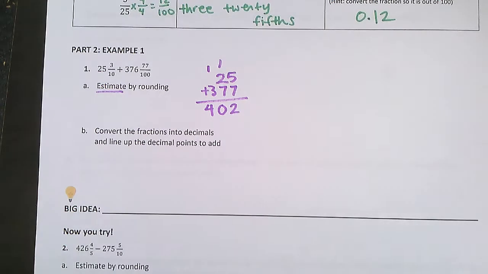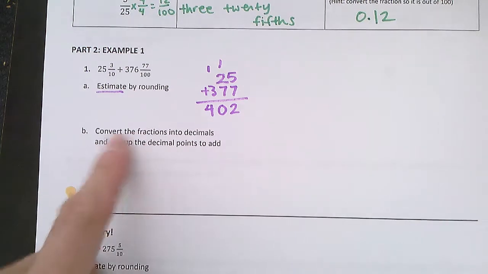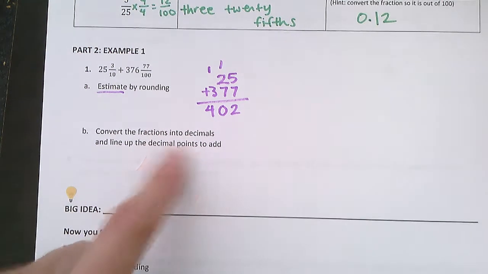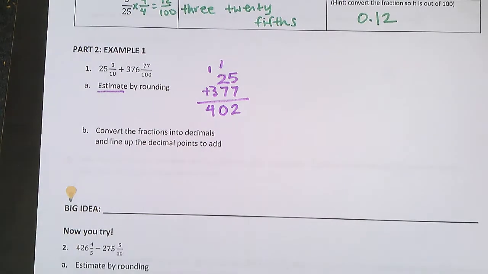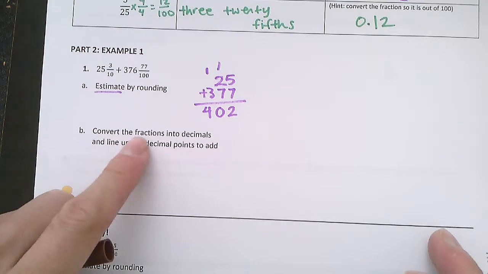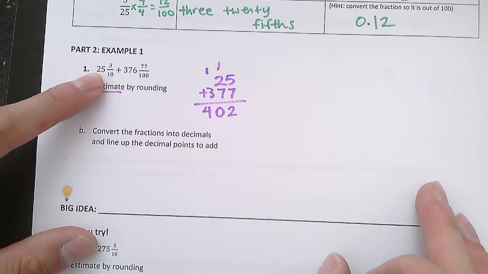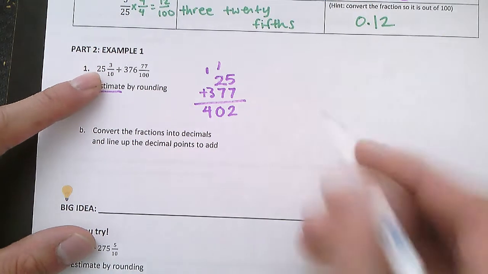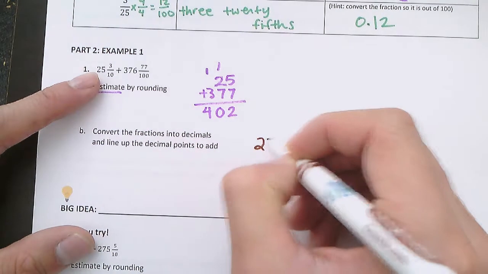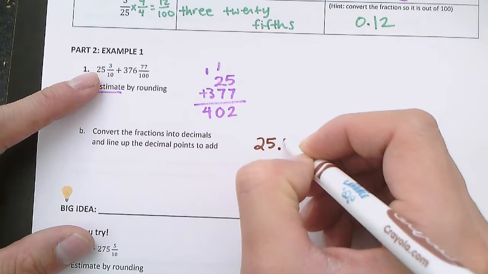Let's solve it exactly now. It says to convert the fractions into decimals and then line up the decimal points to add. Let's do the first part. Convert the fractions into decimals. 25 and 3/10. We know that that's the same thing as 25.3.